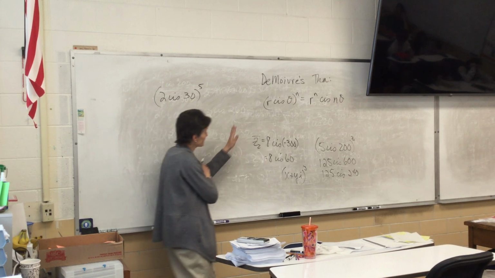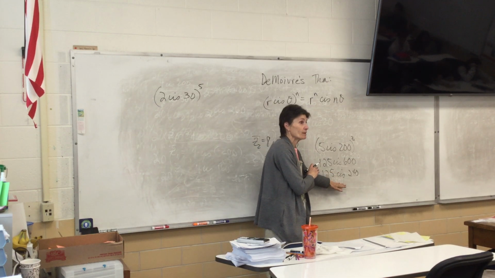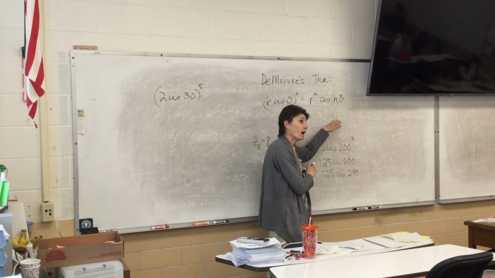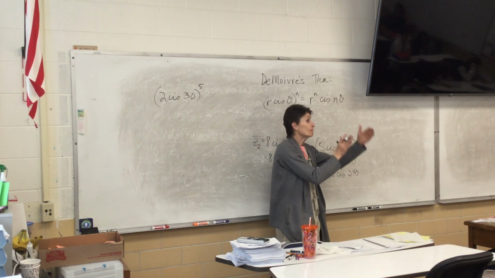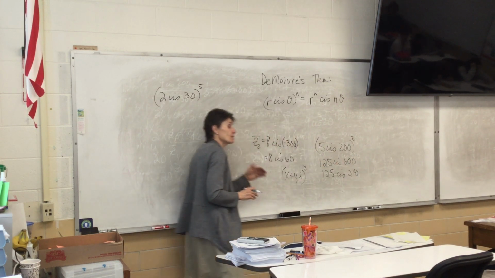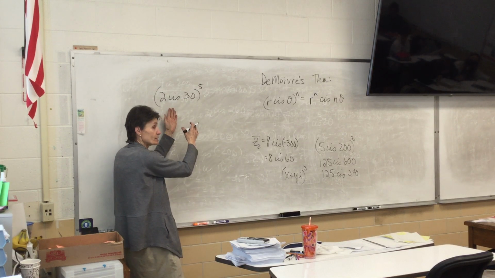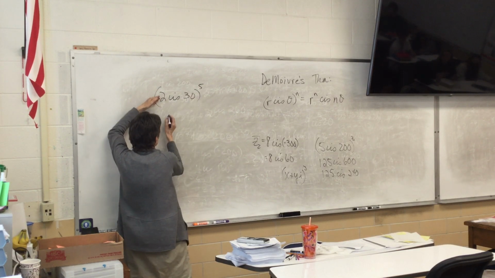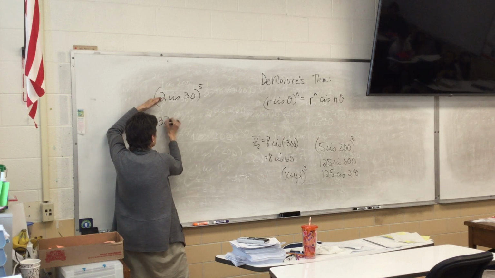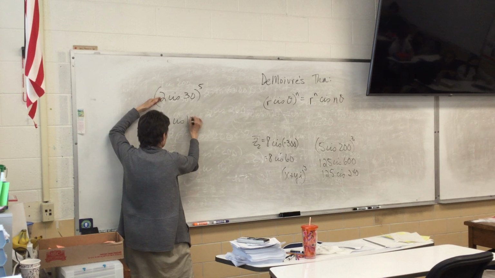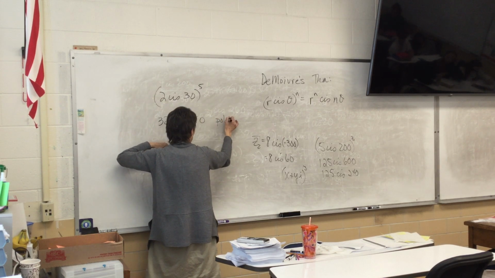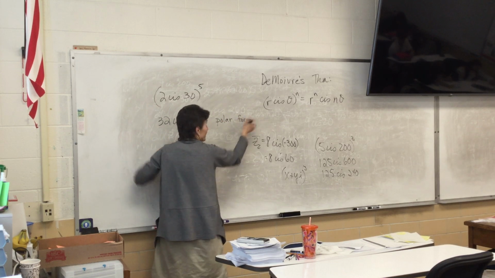Now notice the last couple that we've done, we have answered in polar form. De Moivre works in polar form. So it's okay, I can go ahead and do this. What will this be if I raise this to the 5th power? 32 CIS 150. Now this is the polar form, or the trigonometric form.